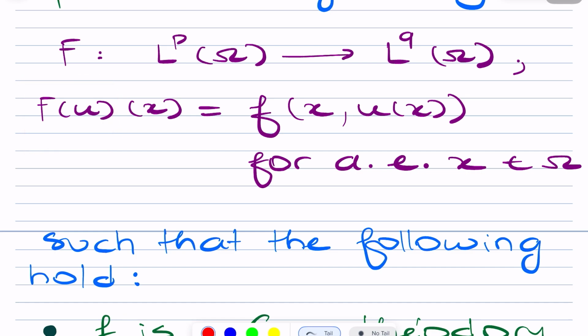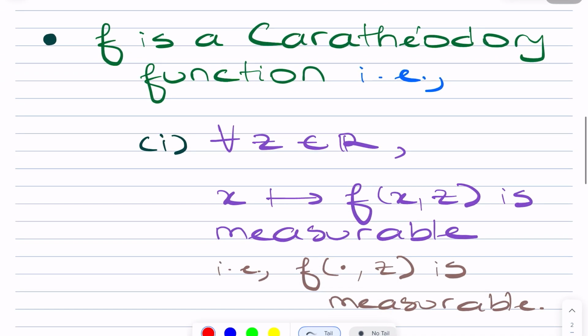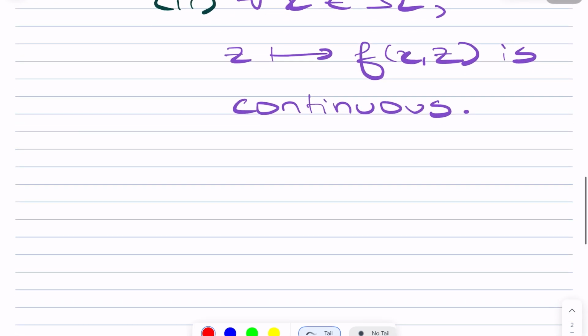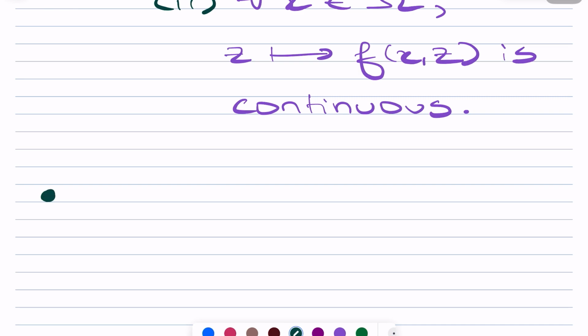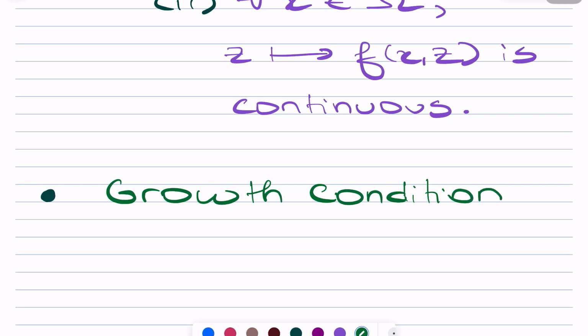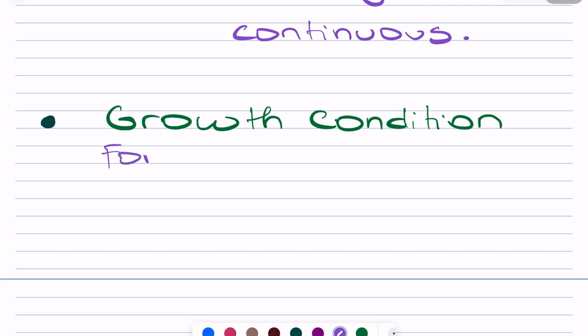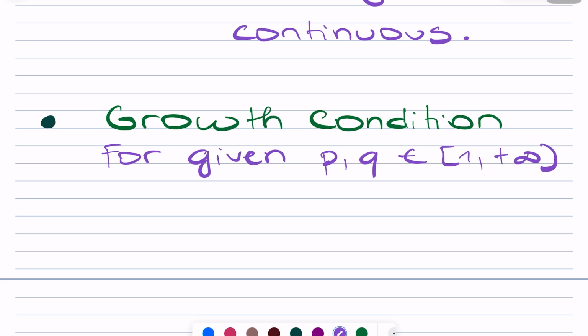So we additionally require the following growth condition. For given p and q in [1, plus infinity), we exclude plus infinity. I'll tell you why in a second.